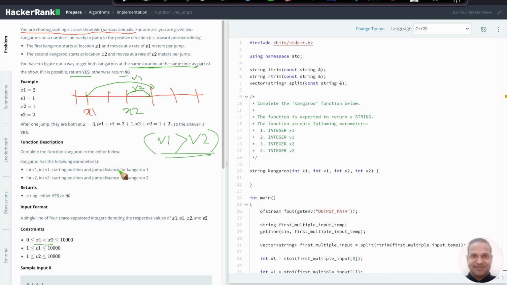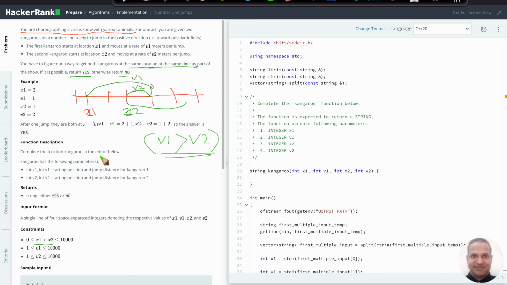If v1 is less than v2 there is no chance, because x2 is already ahead of x1. If x2 is moving a longer distance than x1 in one jump, then definitely we cannot reach the same location at the same point of time, right?